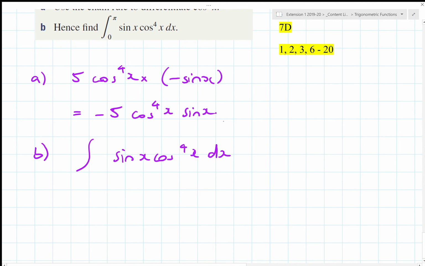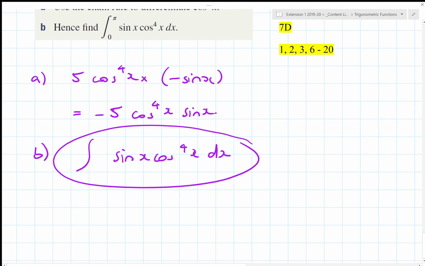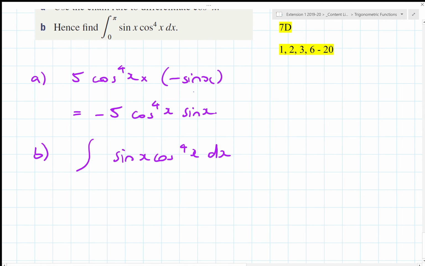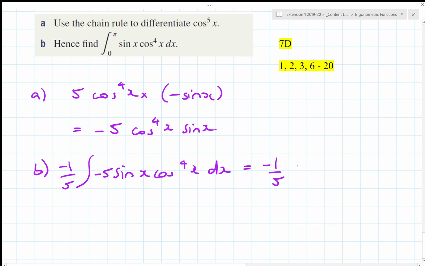And we want the thing we wrote just here in the integral to look exactly like the derivative. So I multiply by minus 5, and then I multiply by minus a fifth at the front. And so that's minus a fifth, and we know it must be cos to the power of 5 x plus c, because that's what we differentiated in part A. Homework's there.